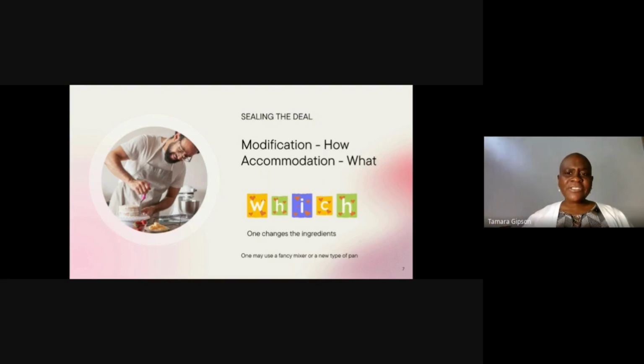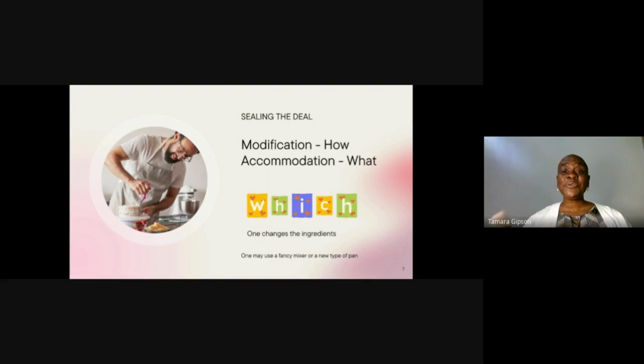So knowing which one is which: a change to the ingredients is the modification portion of it. A change to adding in this fancy mixer is an accommodation. And I hope I said that right. So I'll repeat it because I feel like I crisscrossed it.